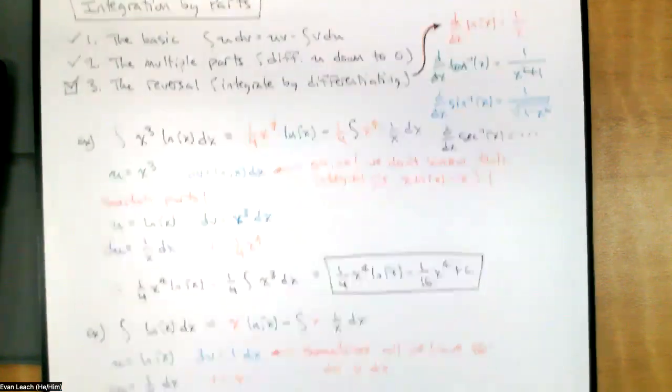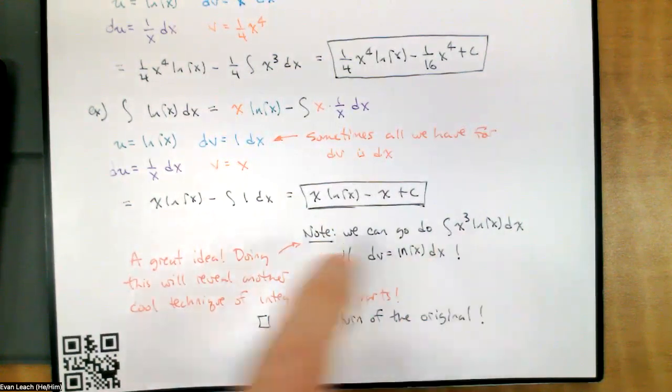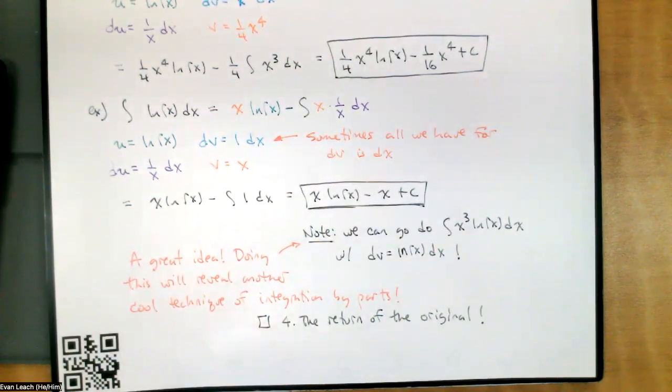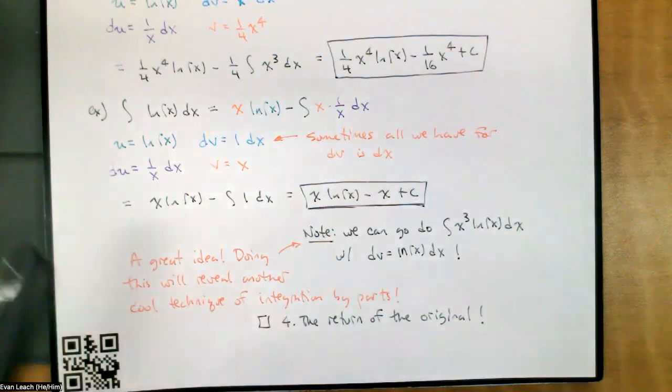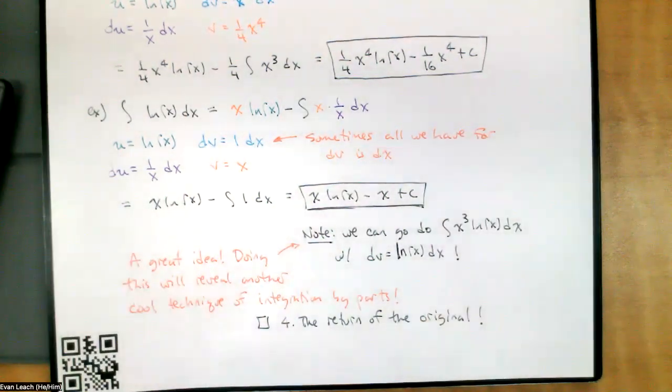So we watched the reversal today. Now, normally what I do is just do this problem with dv equals natural log of x, but to see the return of the original, you have to go do this. That's the entry price. If you want to see this integrated with natural log of x, y'all have to do this.